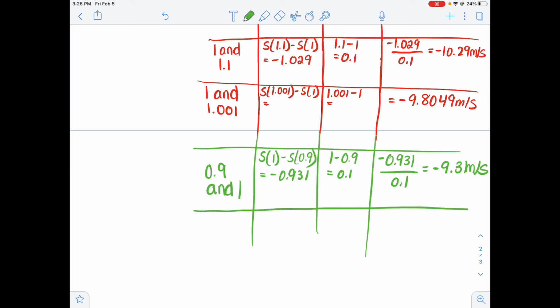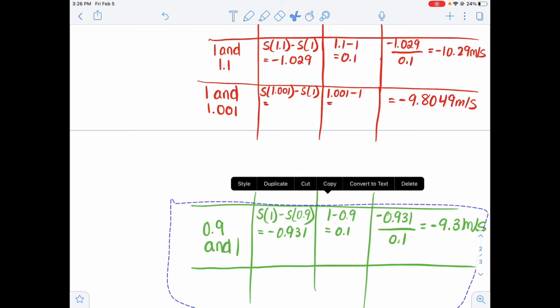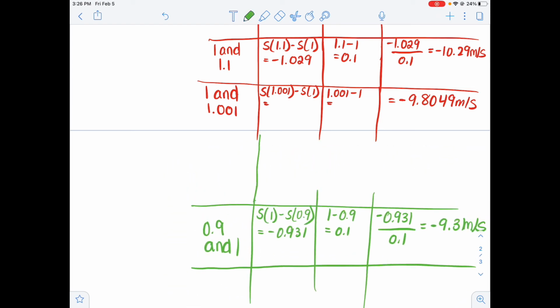Why don't I get even closer? I'm going to try to approach 1 from the top and from underneath. So why don't I try 0.999 and 1?